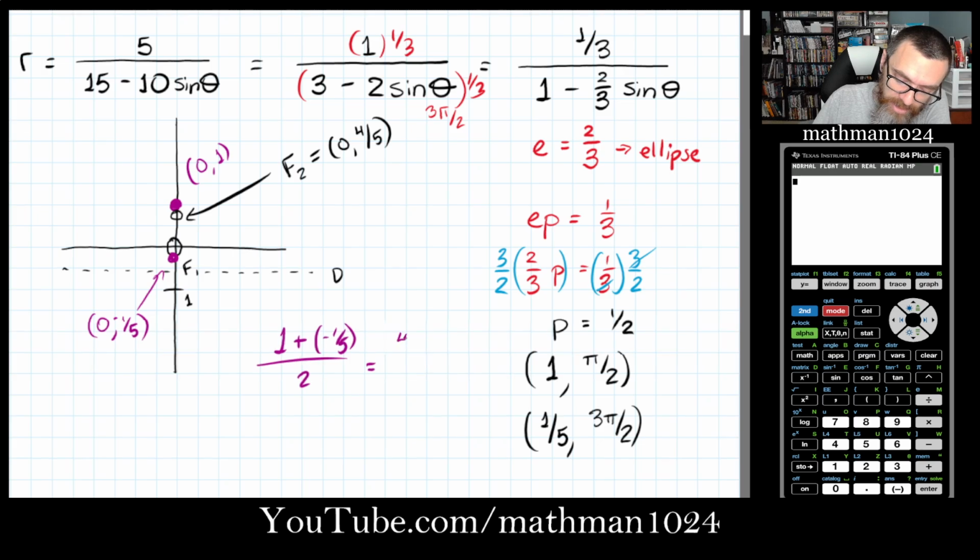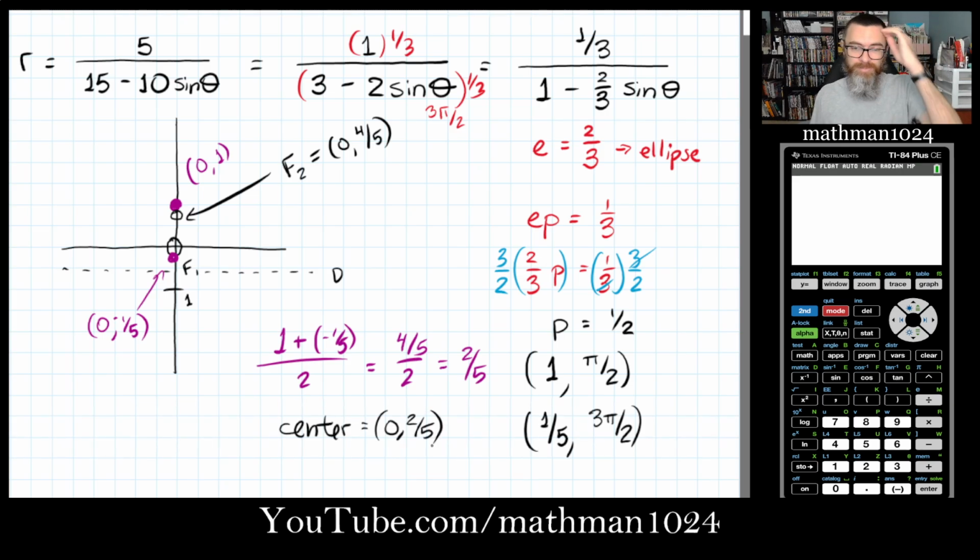All right, so that's going to give me 4 over 5 all divided by 2, which gives me 2/5. So that tells me that my center will be the ordered pair 0, 2/5. Okay, so not the prettiest thing that we've come across, but it's still going to work out okay.